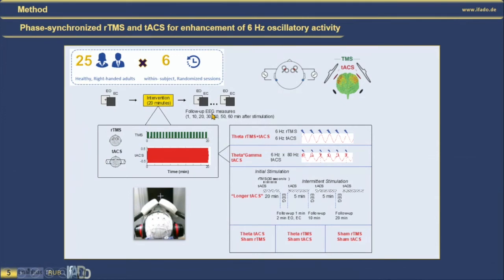To check our combined protocol, we also tested rTMS alone, tACS alone, and both techniques as shams. And for more exploration, we added 2 additional protocols. One protocol was a theta gamma, 80 Hz nested by 6 Hz.